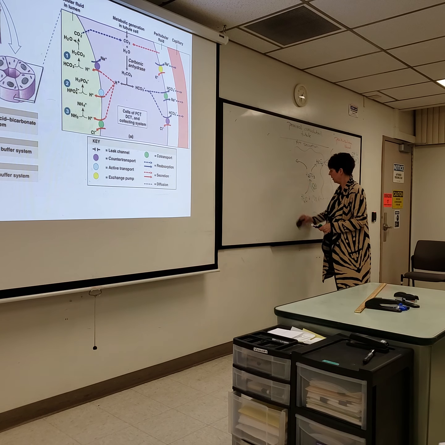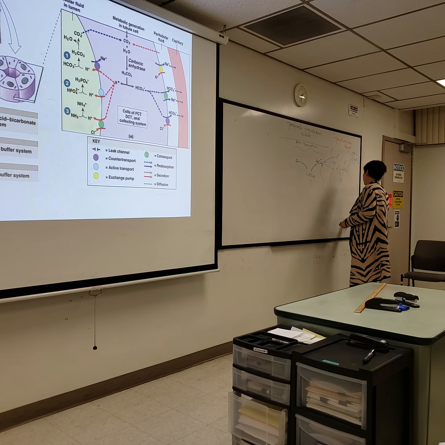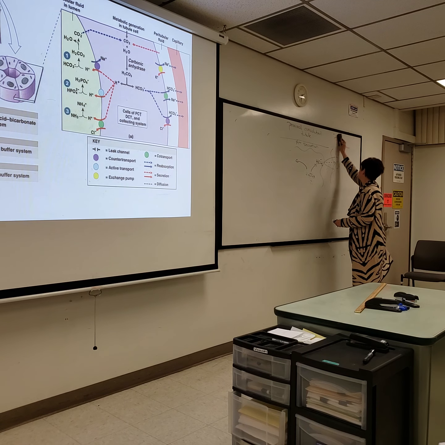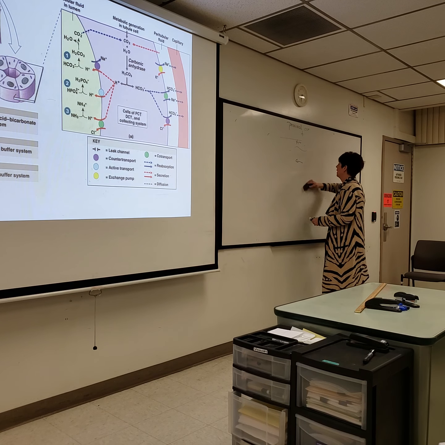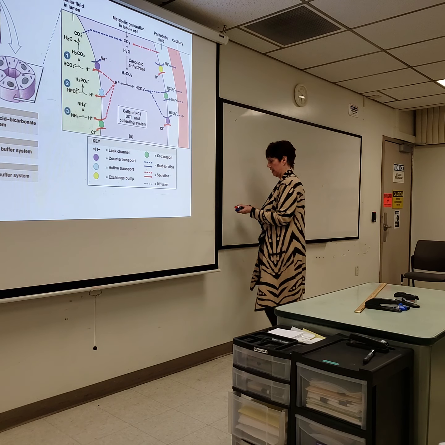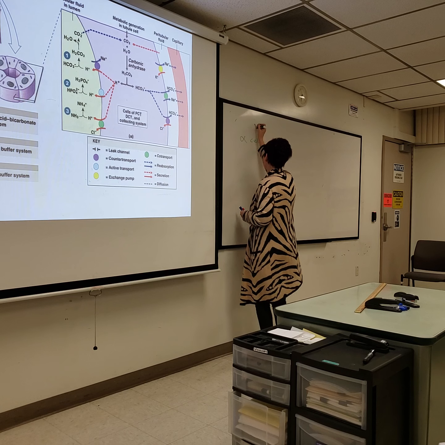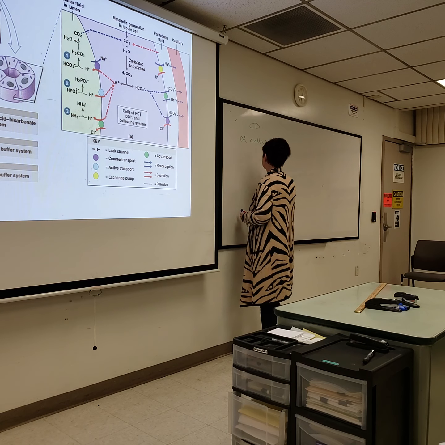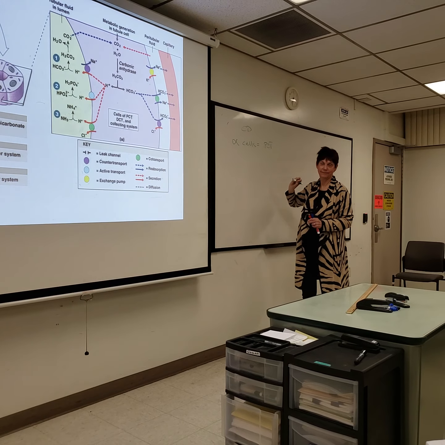We have alpha and beta cells. And the alpha cells of the collecting duct work just like the proximal convoluted tubule.